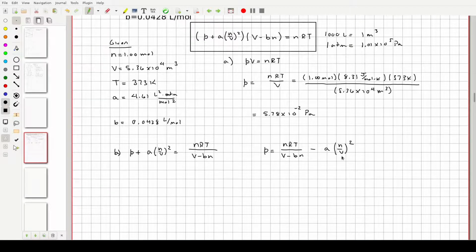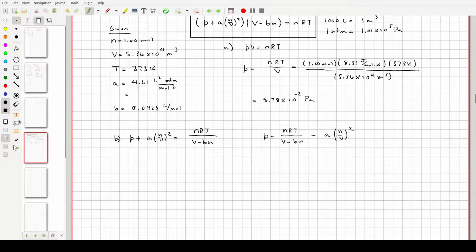Now, remember, in order to do this, we still need to do some conversion here. So let's just go ahead and convert this right here. The easiest way to do this, because it's a little messy here, I'll just write it down here. A is equal to 4.61 liters squared times atmosphere divided by moles squared. Now, we don't need to do anything with the moles because that's going to be handled here.